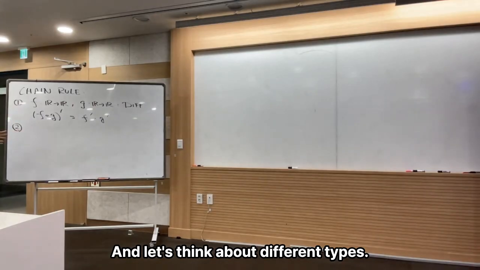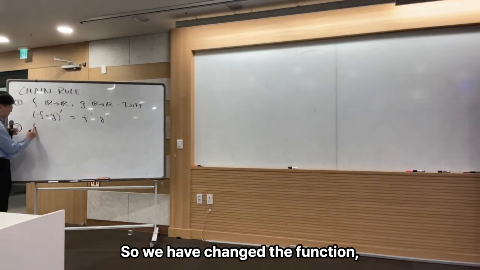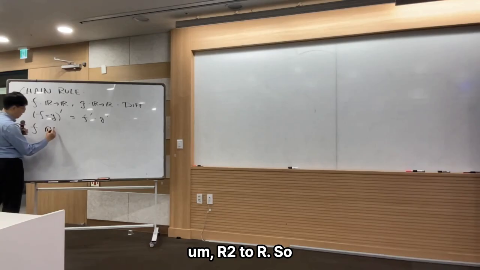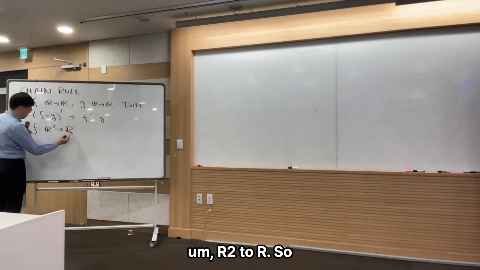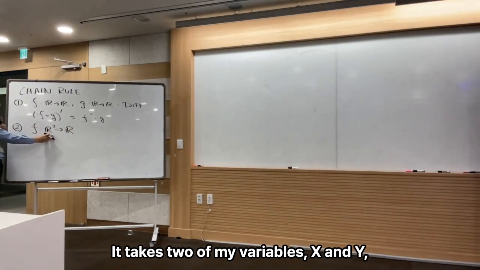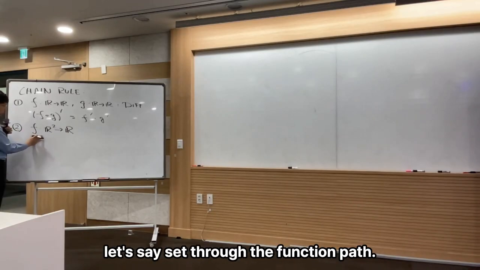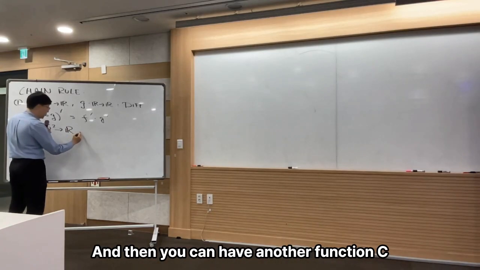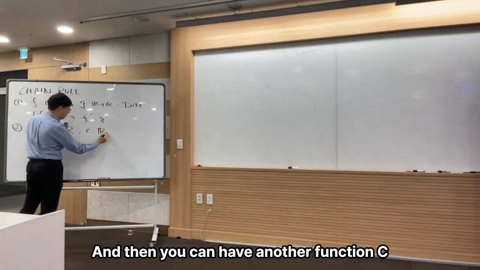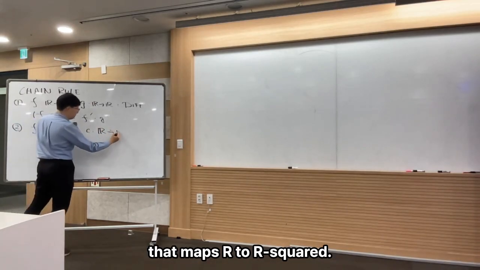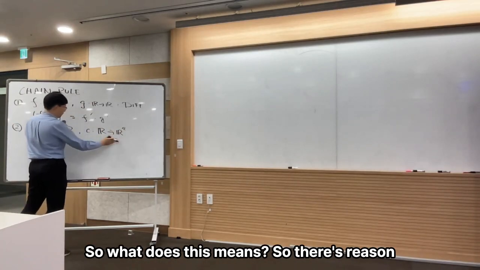And let's think about different types. So we have a function f from R2 to R. So it's a 2 variable function. It takes 2 variables x and y, and then the number maps to a number, let's say z, through the function f. And then you can have another function c that maps R to R squared. So what does this mean?